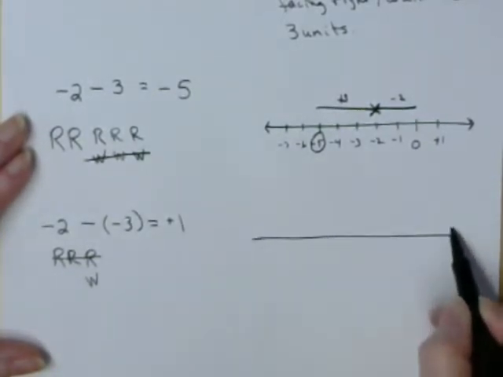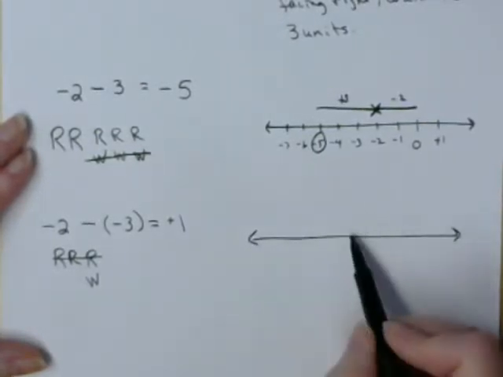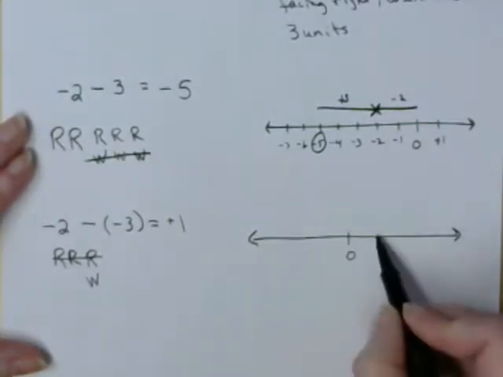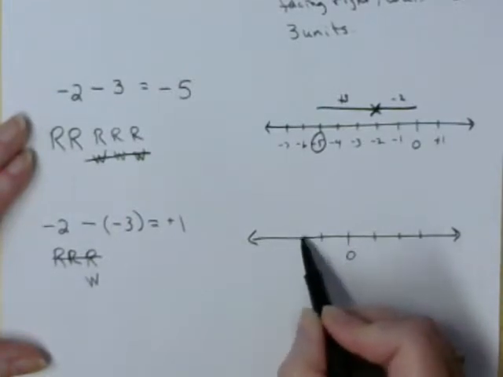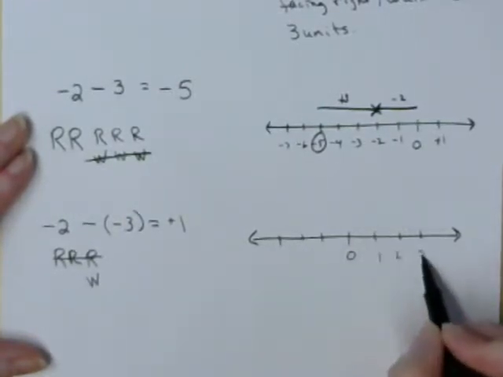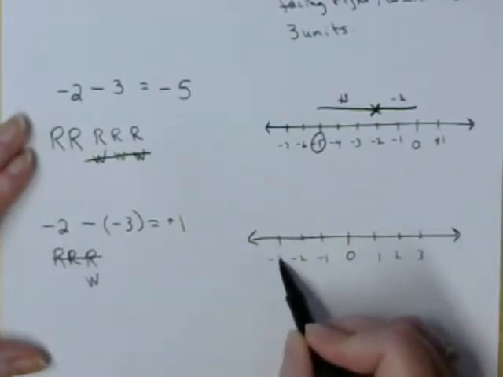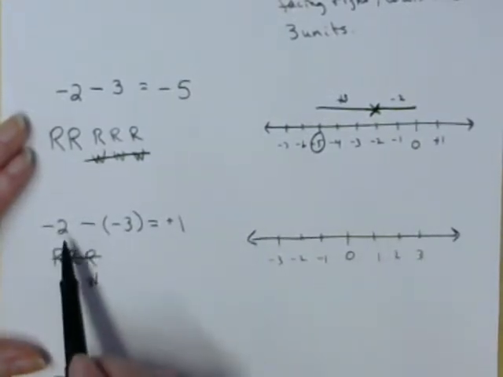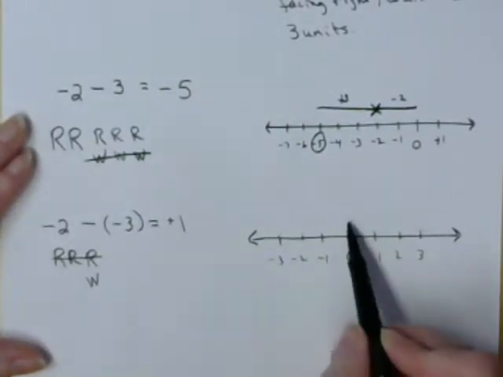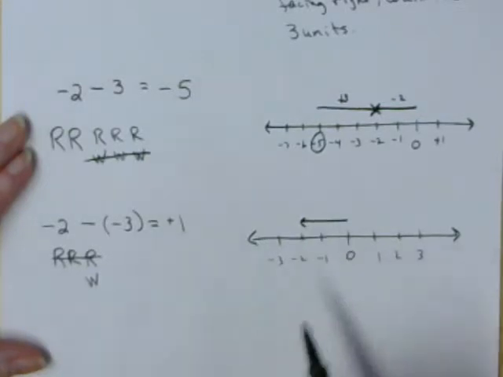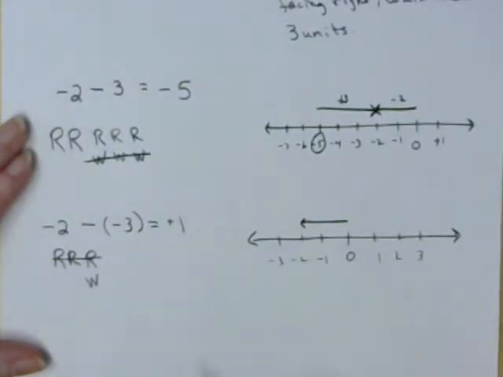All right, what's our number line interpretation for that? Well, let's see here. So we're going to start by doing a representation of negative 2. Again, we're going to head over to the left and make a line segment 2 units long with the arrow pointed to the left.